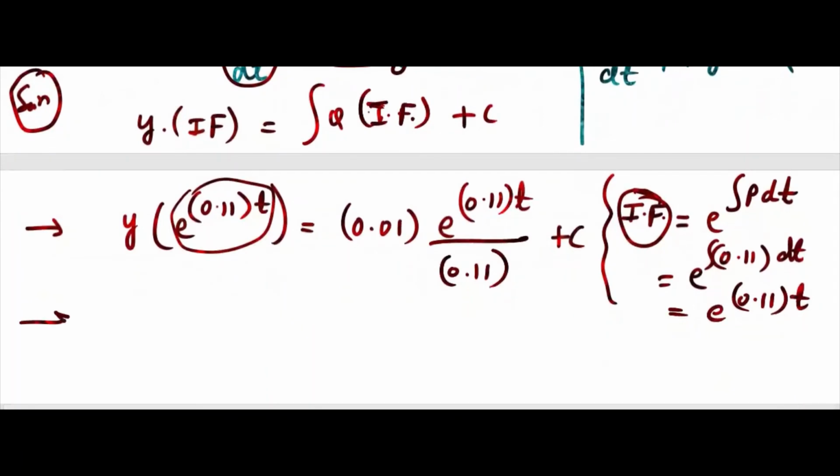Now if you put y value here, y was P01 t, that is equal to, if you multiply by 100 here, 1 upon 11, e power 0.11 t plus constant.